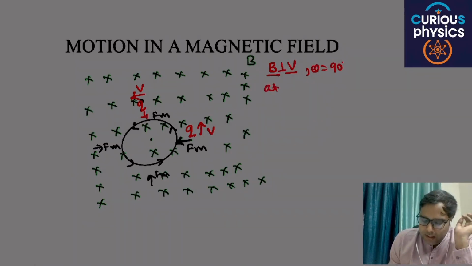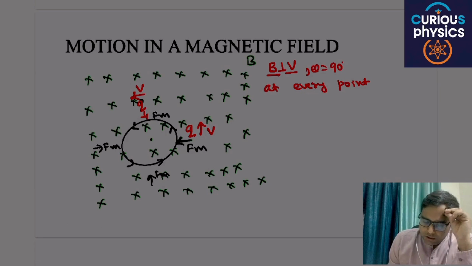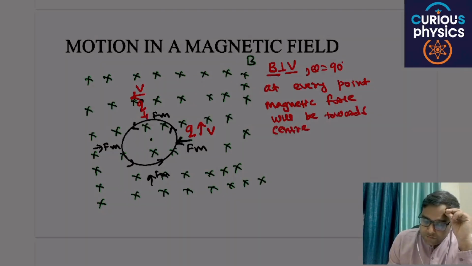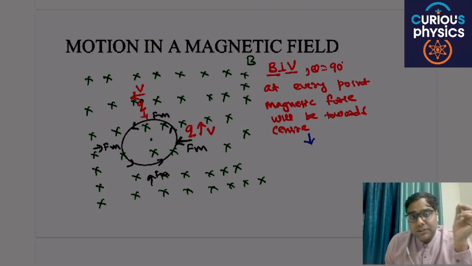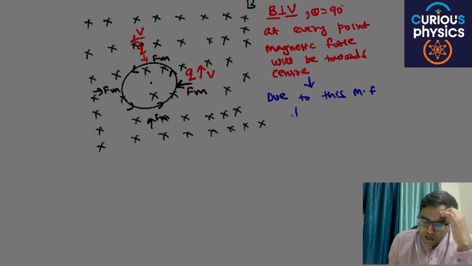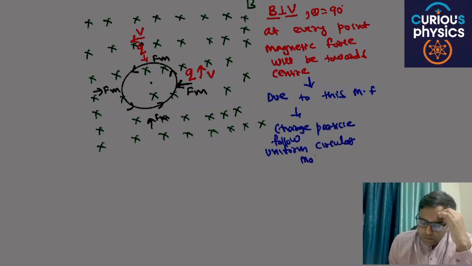Then at every point the magnetic force will be towards the center, and due to this magnetic force, this charge particle follows uniform circular motion. Are you able to understand my point?